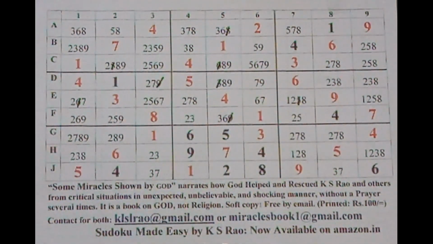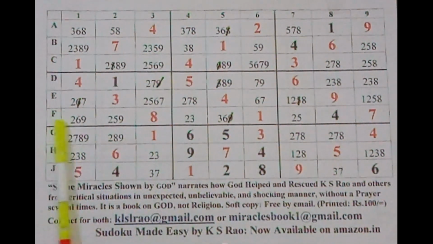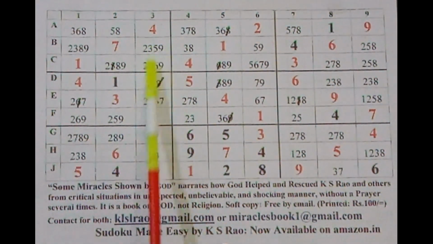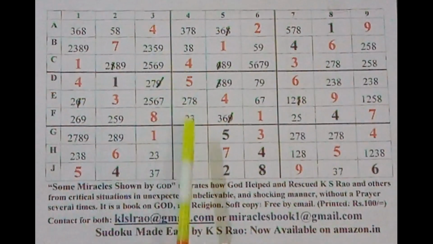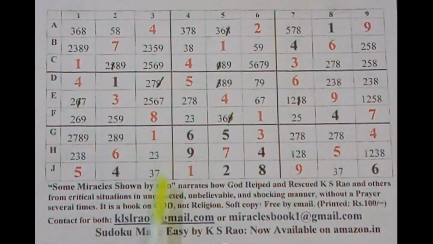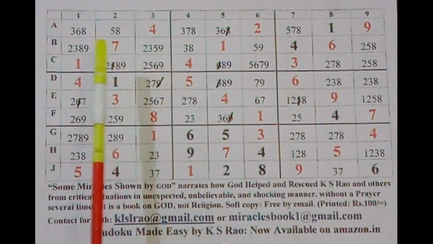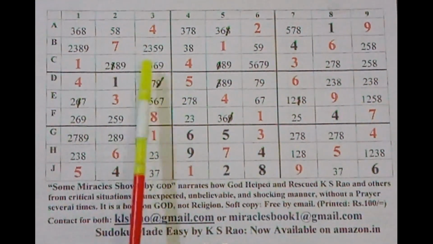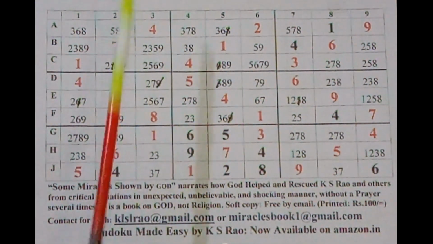And then look at column number 3. Just have a look at column number 3. Like we have found this number 9 here. We have number 9 again in B3 and C3, which further means that it has no business to remain elsewhere in this box, because in this column number 9 occurs only here and nowhere else.